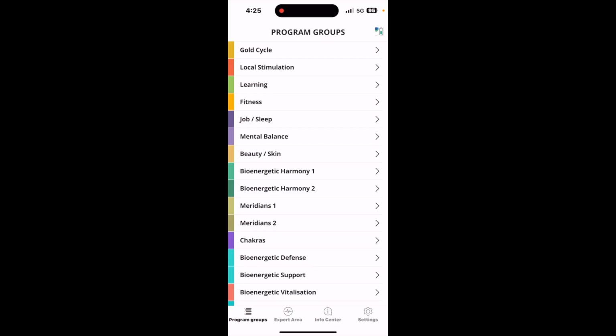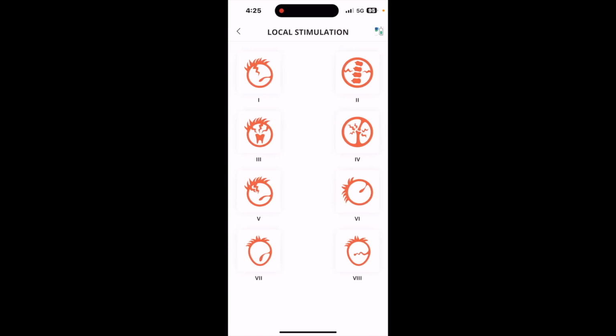So I will go for local stimulation, programs 7 and 8. I do not know what the trigger for the anxiety is, so I'm just managing the anxiety to bring the person calm. To make the person calm immediately would be program 8. Program 8, V111, the last one here, this is for anxiety.